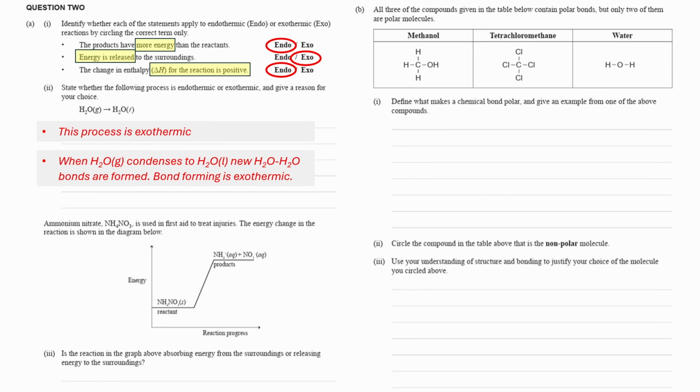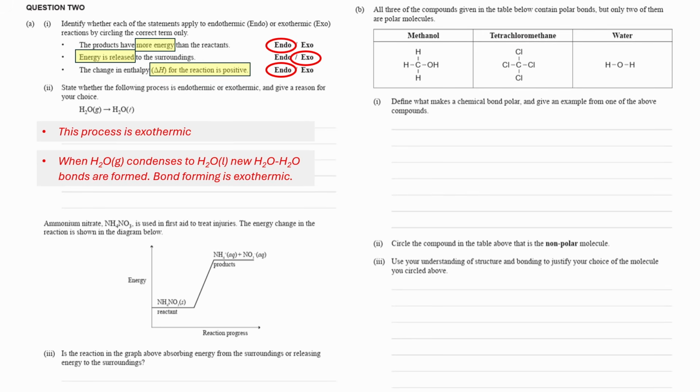Bond forming is exothermic. So my explanation is we are making new water to water bonds. I put it clearly by putting the formula with a line between the next formula of the same thing. This is a good technique to get into because we're going to use this later when we talk about dissolving and solubility. So we form new H2O to H2O bonds, therefore it's exothermic, because bond forming is exothermic.